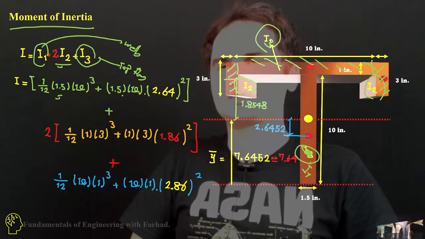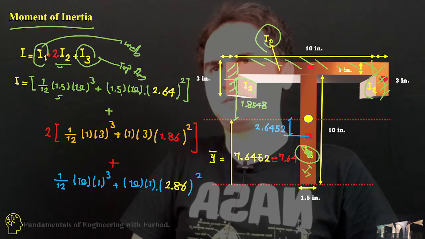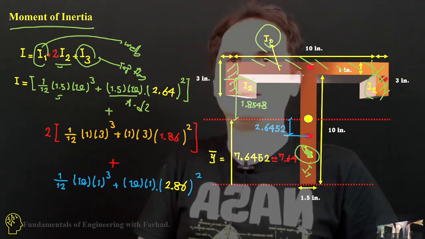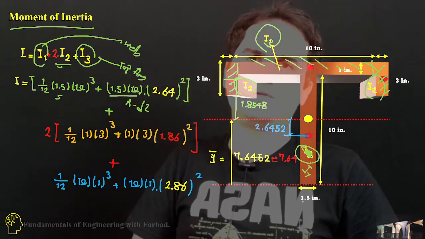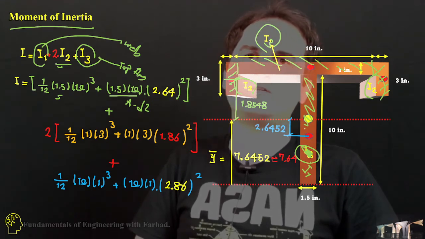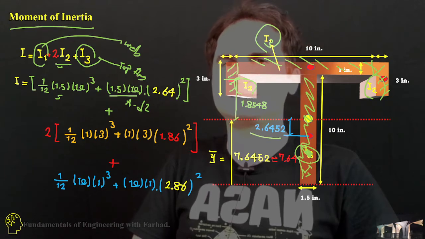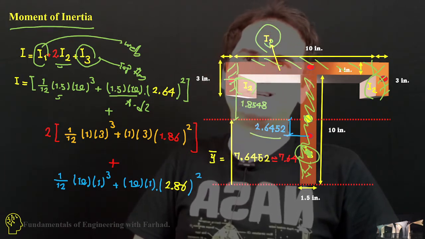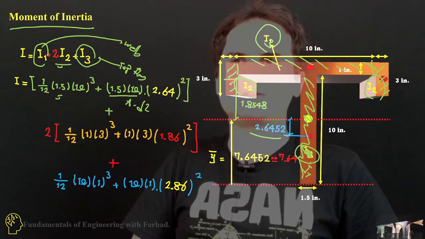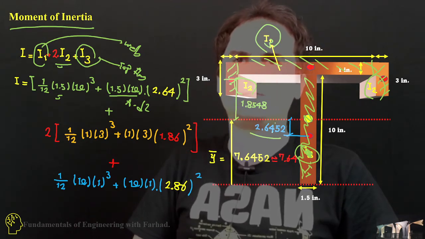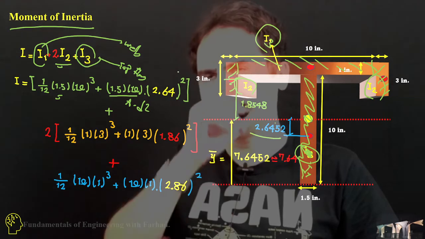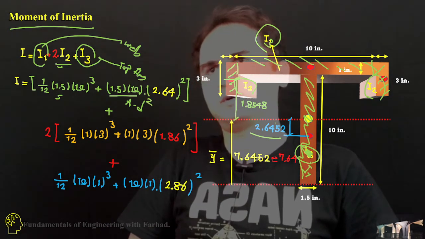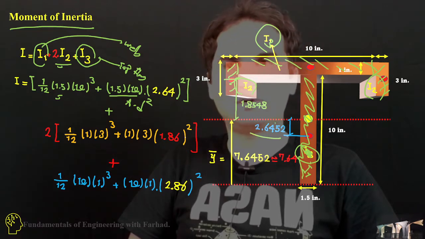And we also need to use the parallel axis theorem, which is AD squared. A is 1.5 times 10, which is the area of the web, and D squared is the distance of the web to the centroid of the entire system, which is 2.64, squared, and so on for the other parts.